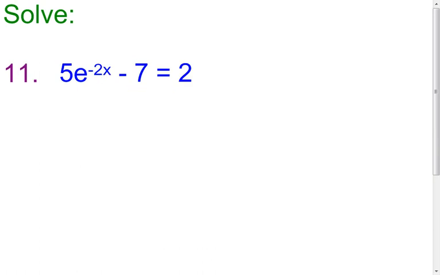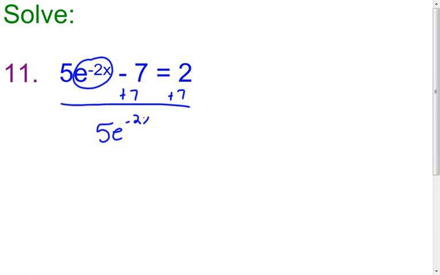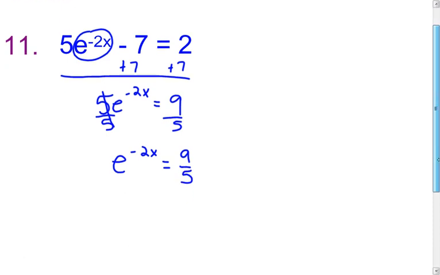All right, and I would like to get this piece isolated by itself first. So I will add 7, and that puts me here. Then I will divide by 5, and that puts me here. Again, I'm going to take that shortcut.